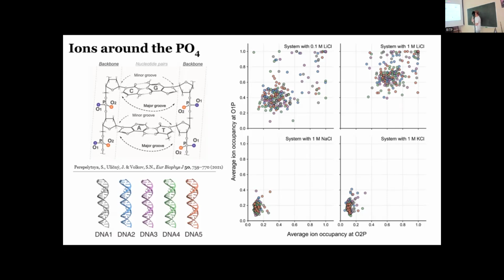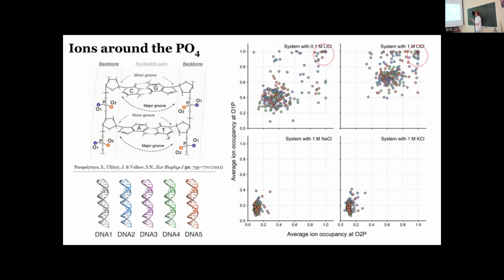What we can see from the calculated results is that in the case of the lithium system, the occupancy of some of the phosphate groups is close to 1. This shows, first of all, that both oxygen atoms of one phosphate group are bound to lithium ions, two different lithium ions. And since this is a time-average number, these lithium ions bind to these phosphate groups continuously, which is a very interesting result, right?